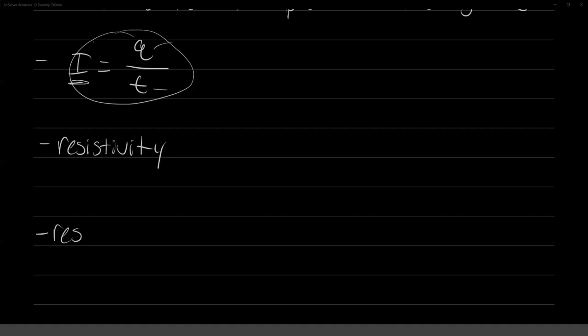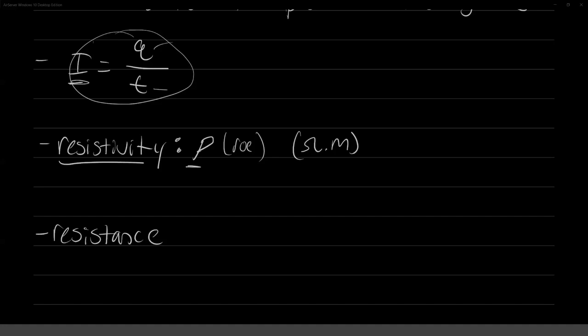Resistivity is denoted by the symbol rho, the squiggly P, and its units are ohms times meters. So if a problem says the resistivity is something, it's not the resistance, it's the resistivity, right?